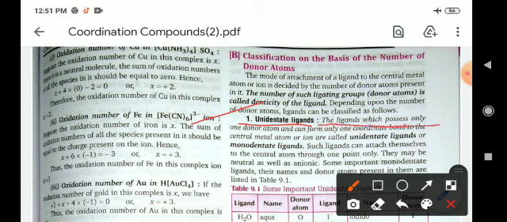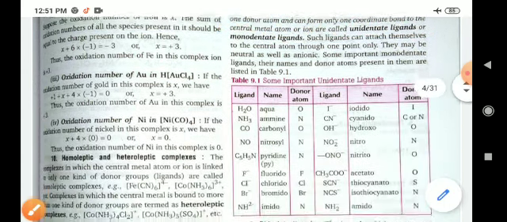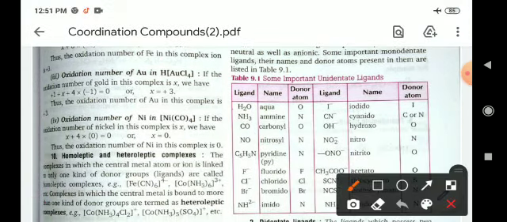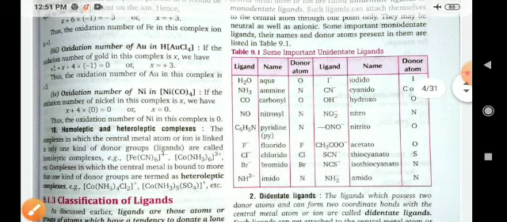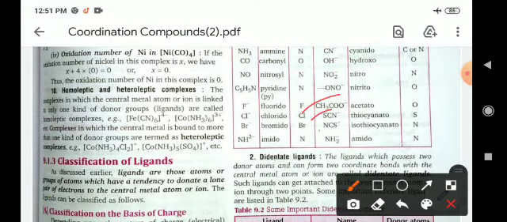The ligand which possesses only one donor atom and can form only one coordinate bond to the central atom is known as a unidentate or monodentate ligand. There are many monodentate ligands, for example iodo, cyano, hydroxido, nitrito, acetato, thiocyanato, isothiocyanato and amido.